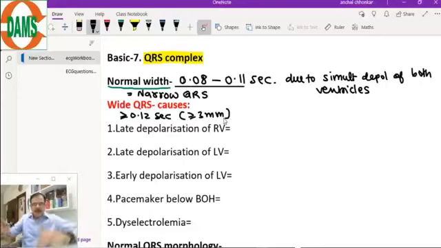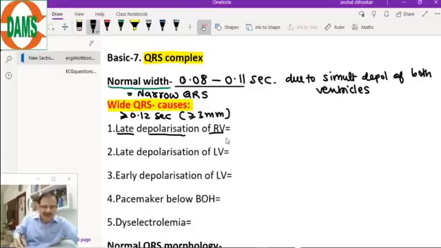Now, causes of wide QRS. Number one is when there is a late depolarization of the right ventricle. So obviously QRS will take more time to develop. Very easy answer, right bundle branch block.